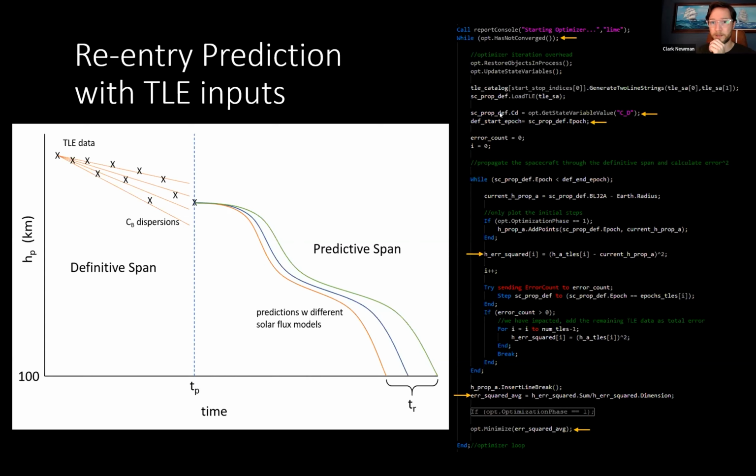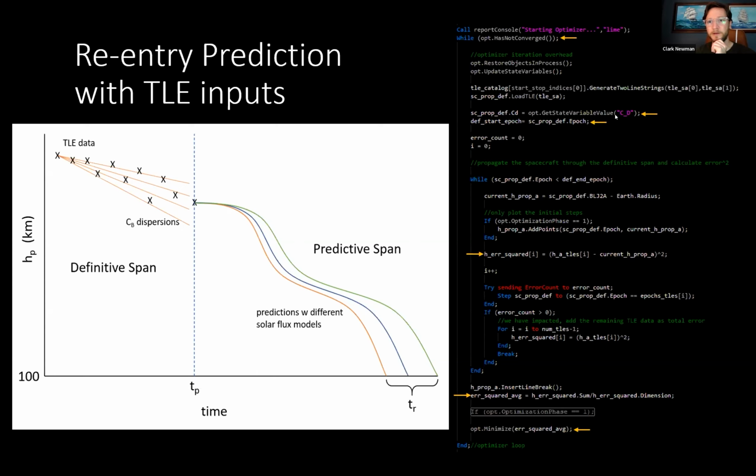While the optimizer has not converged, it will repeatedly loop through this definitive span for which we have observed TLEs, and take the squared difference of the altitude of the observed TLEs against a propagated spacecraft, with the drag coefficient being one of the state variables to be controlled within the optimizer.